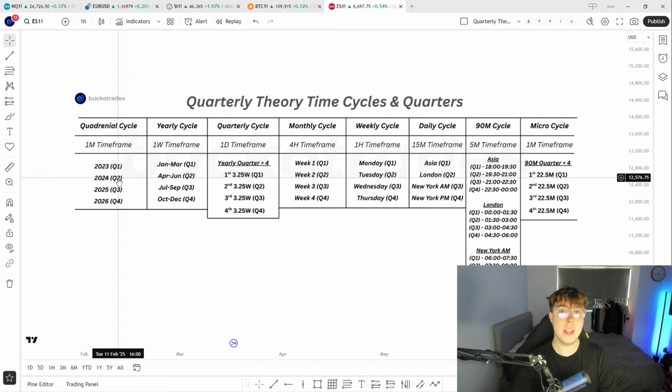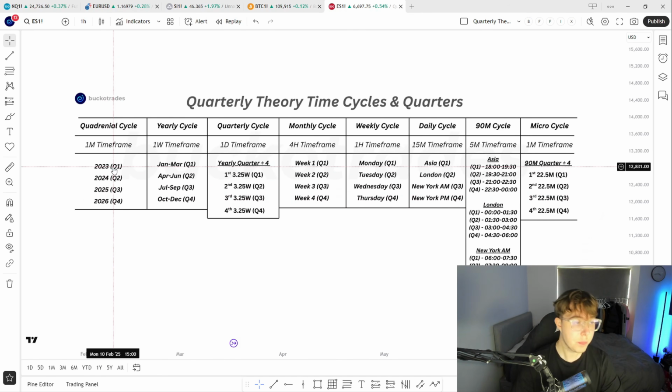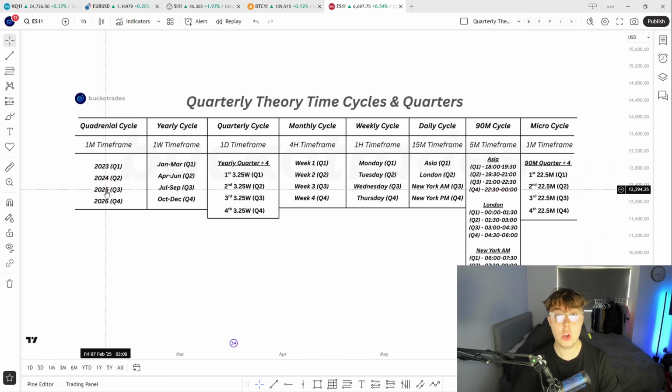Because 2024 was the election year, the previous year was the start of the cycle. So Q1 was 2023, Q2 was 2024, Q3 was 2025, and Q4 is 2026, as you can see right there. So right now, the current year that we're trading within is Q3, 2025.